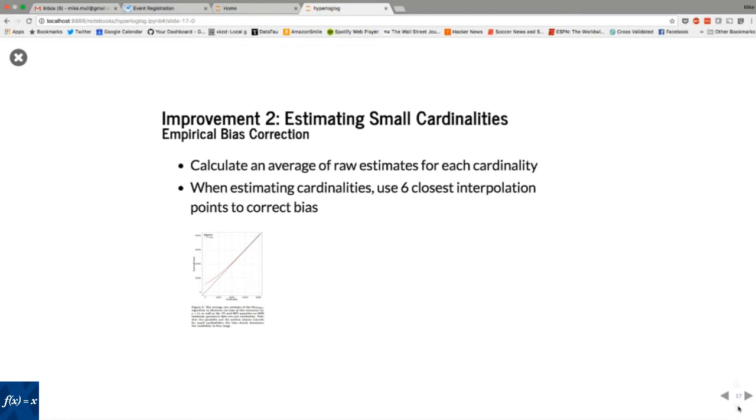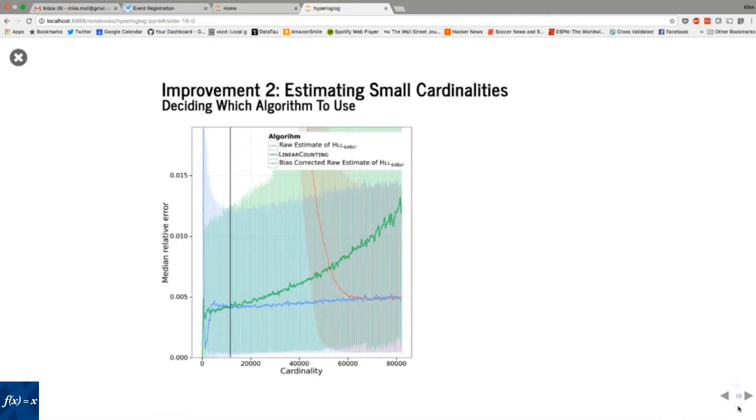So again, this is basically to correct the bias in the HyperLogLog estimator over this one particular range of cardinalities. So this graph kind of shows, I think I got my numbering wrong, but this should actually be improvement 3. But it's actually, I guess, 2A and 2B.